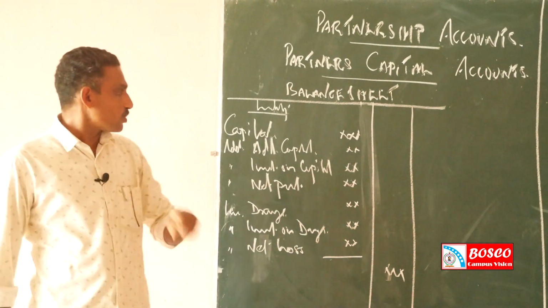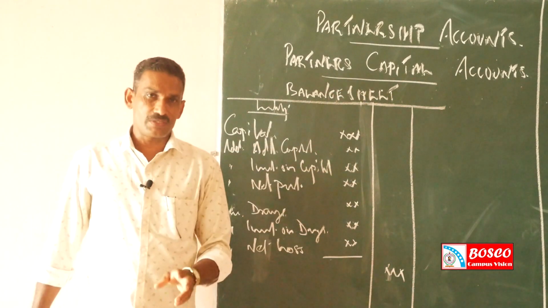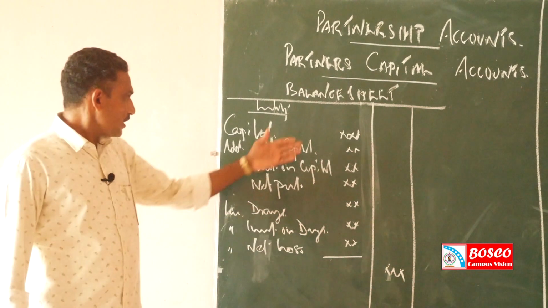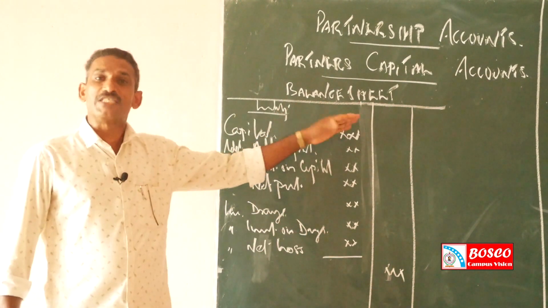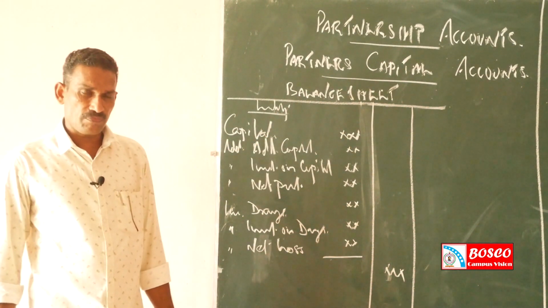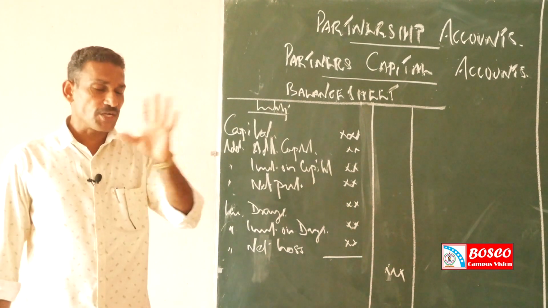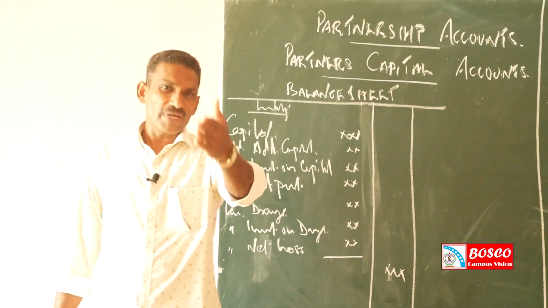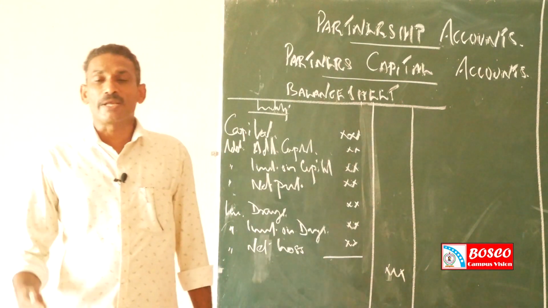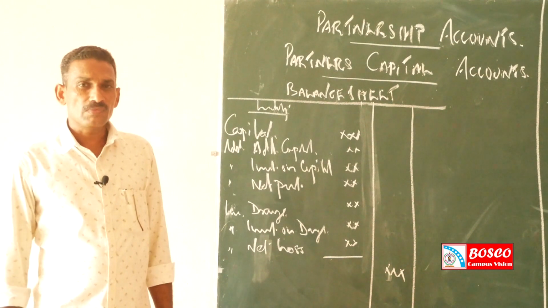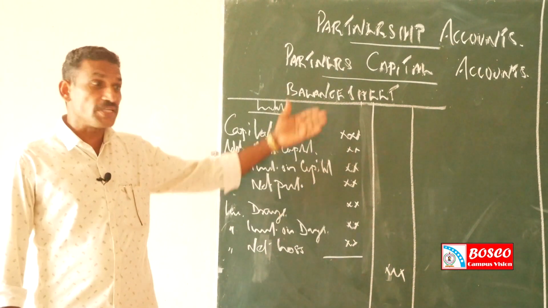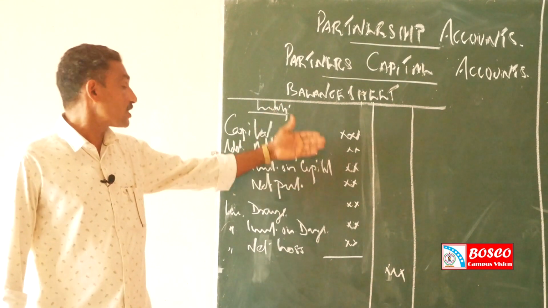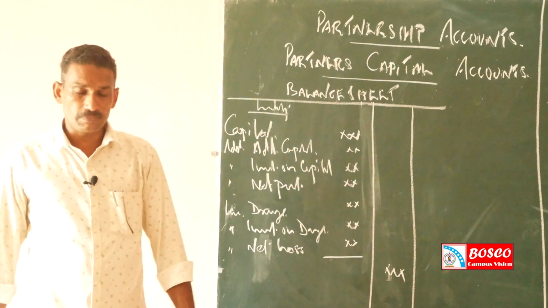It is very clearly possible in case of a sole trader business because there is only one person. So all these items are arranged on the liability side itself. But in case of a partnership, we know there are maximum 10 or 20 members in a partnership. So it is very difficult to arrange all these items one by one on the liability side for the partners of a partnership.